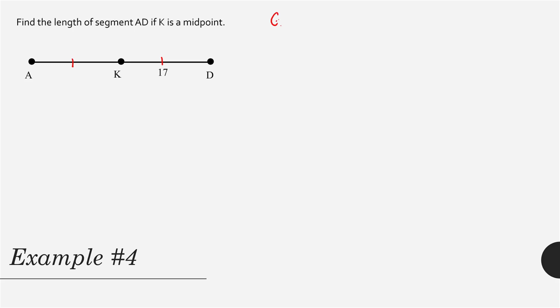So my geometry, if both sides are congruent, that means the entire length AD equals 2 KD. And our reason then is definition of midpoint.